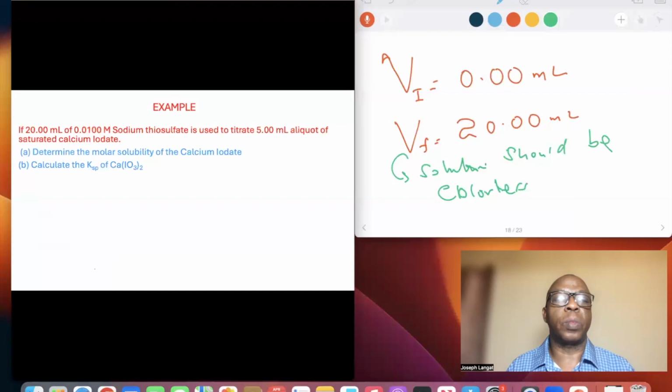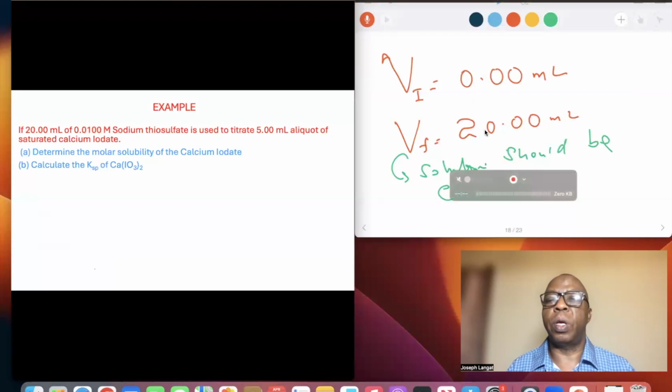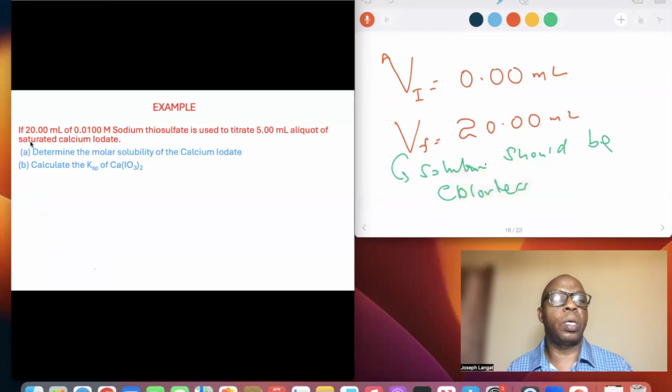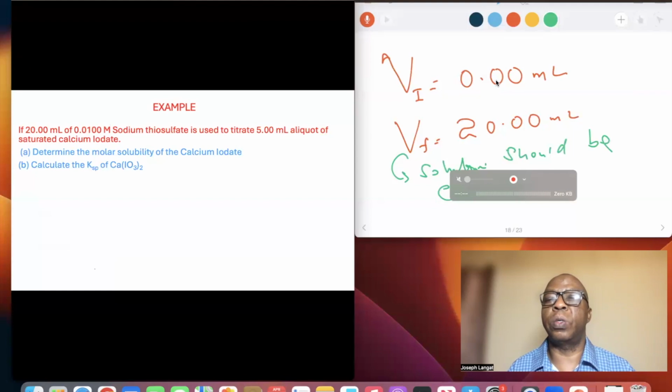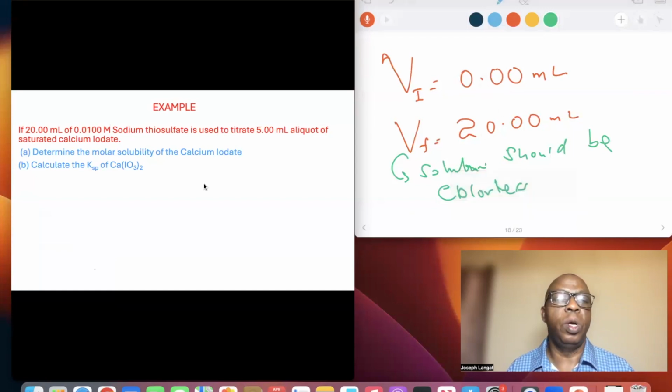Now, on the whiteboard, you see initial and final, assuming that you titrate an aliquot of 5 ml of saturated calcium iodide and take 20 ml, 2 places of decimal. Look at the initial. So when you record your volume, it should be to 2 places of decimal.